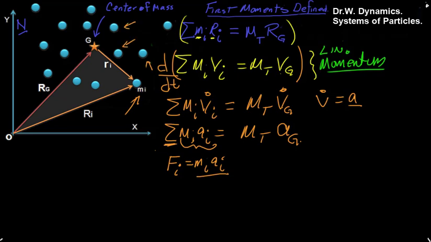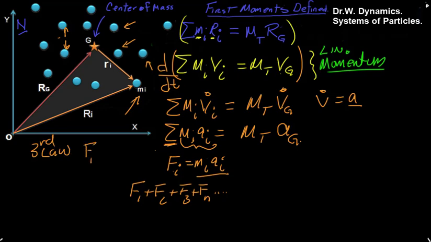And that would look like F1 plus F2 plus F3 plus Fn, on and on and on. However, internally, if these are colliding, we have equal but opposites. So Newton's third law tells us that for every F on 1, 2 during a collision, there's an equal and opposite F on 2, 1, and they're going to cancel out.